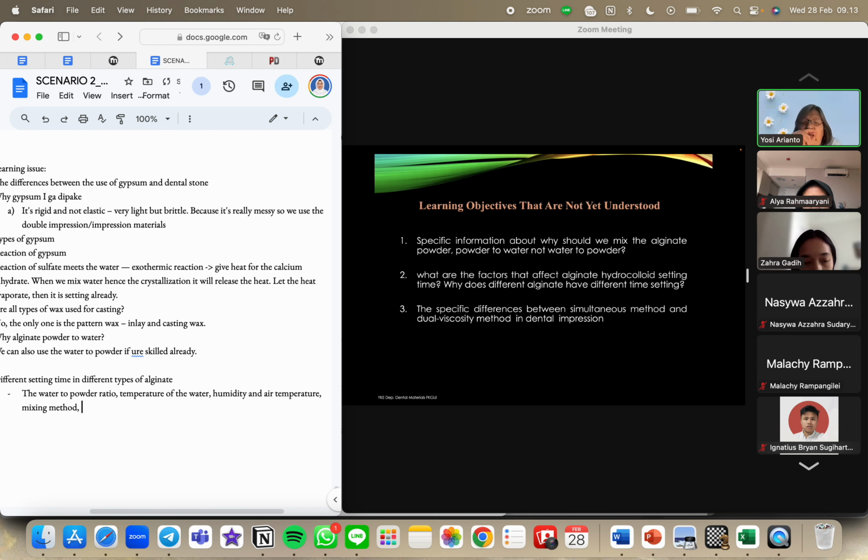Okay. And why do different alginates have different setting times? Because their composition reacts differently. They have different materials and react differently in the exothermic reaction.